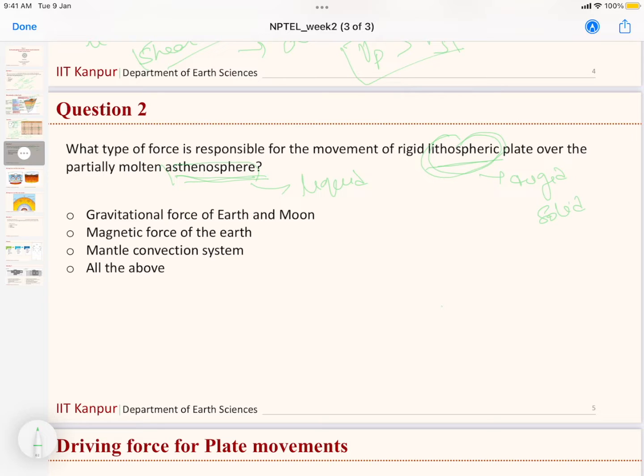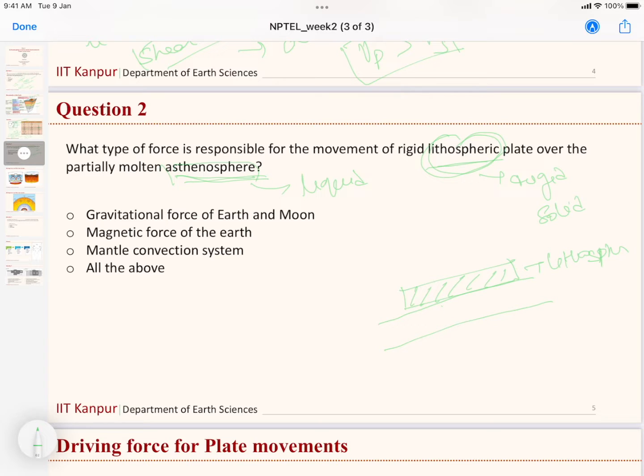If I have to explain with a simple diagram of a slab, this would be my lithosphere, and under that, suppose a wooden block is floating over water. This is a very simple explanation of this concept.